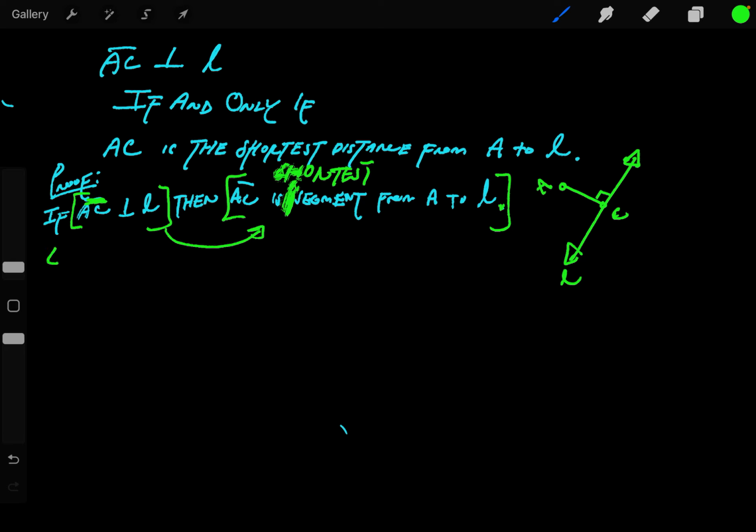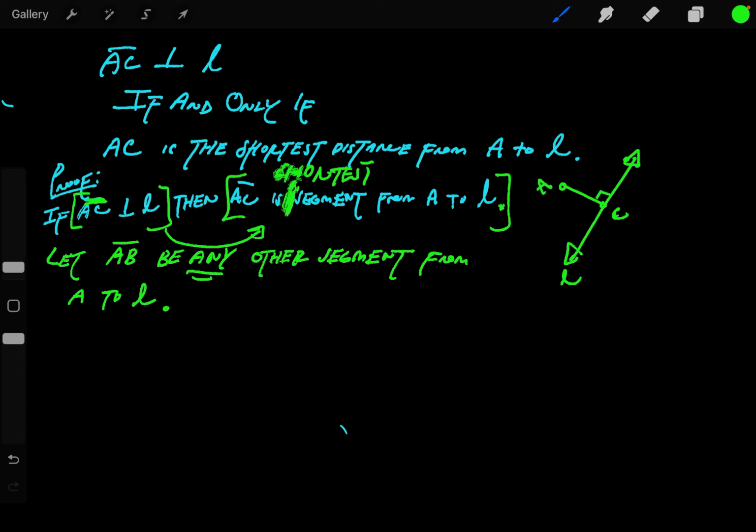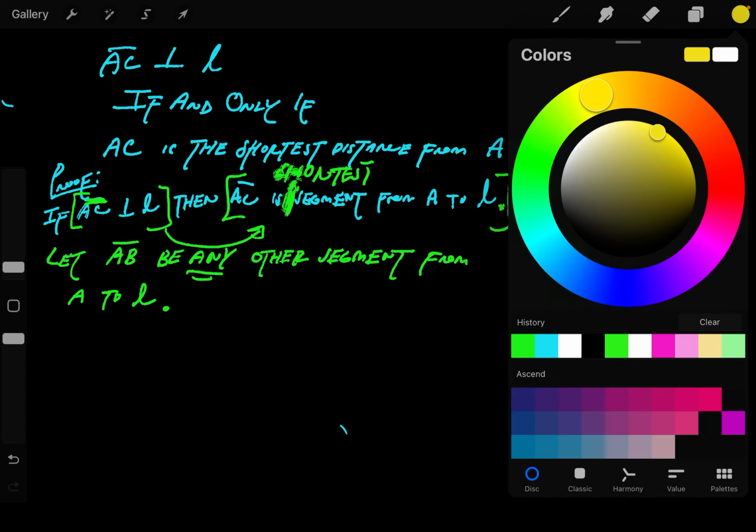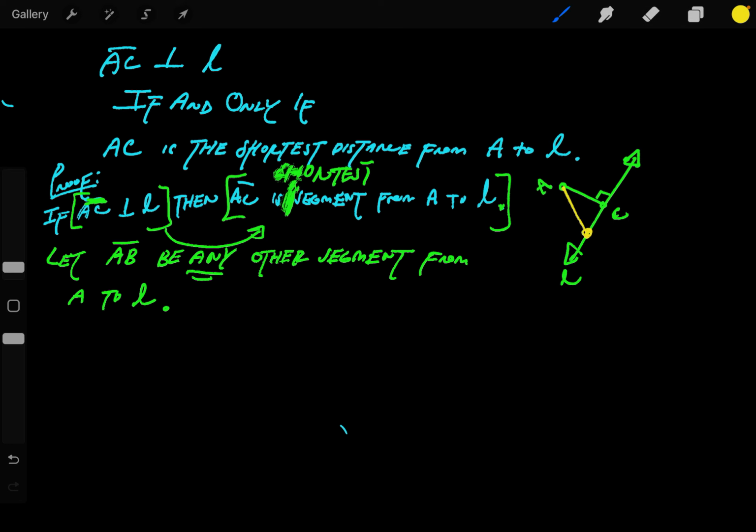I say let AB be any, and the key thing is that it's any other segment from A to L. And you draw in that AB to make it clear. So this is AB, and again, this is any other segment from A to L.